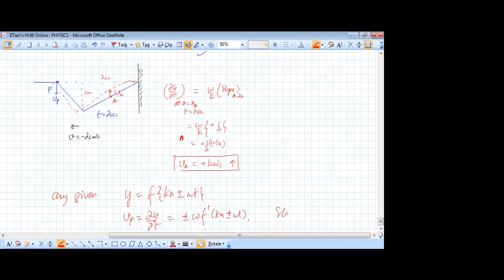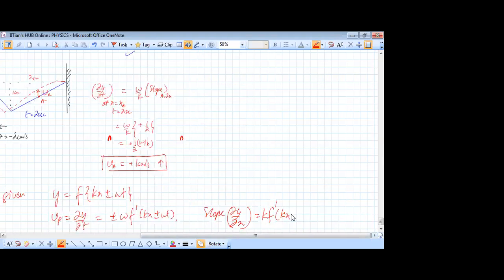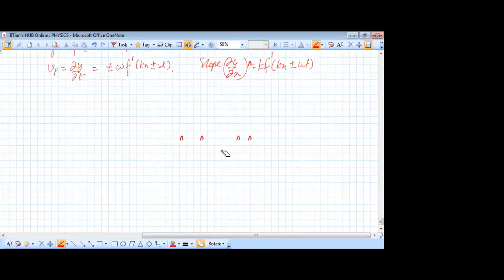Whereas the slope at any point, that is del y by del x, is k times f prime of kx plus or minus omega t. So the relationship between these two, differentiated partially and all that, we don't have the necessity to do all these steps because we can directly see from the graph what the slope is.